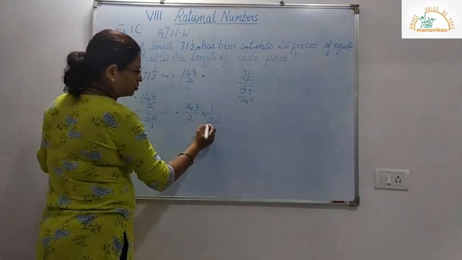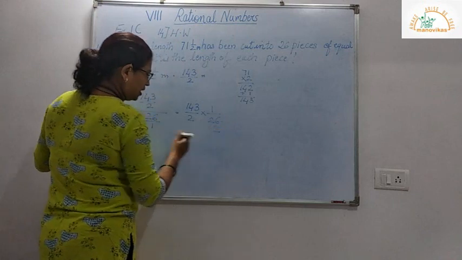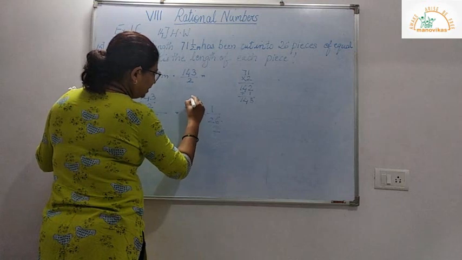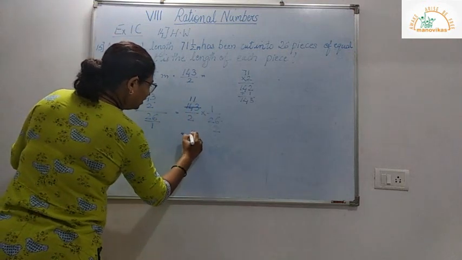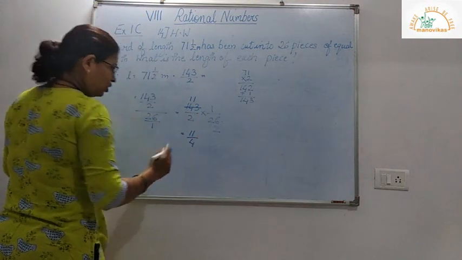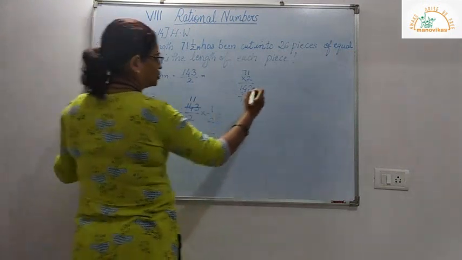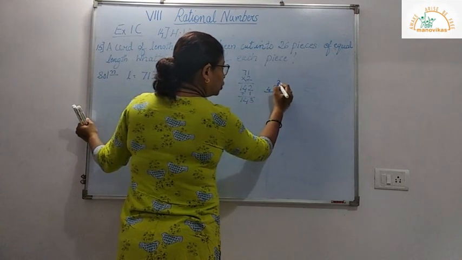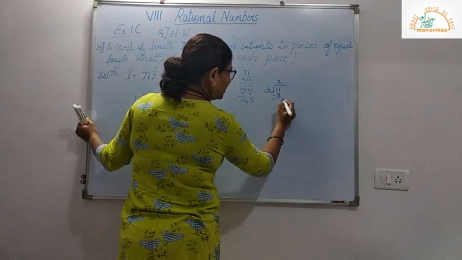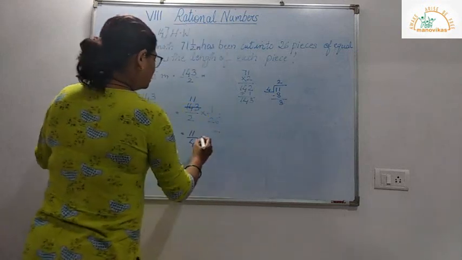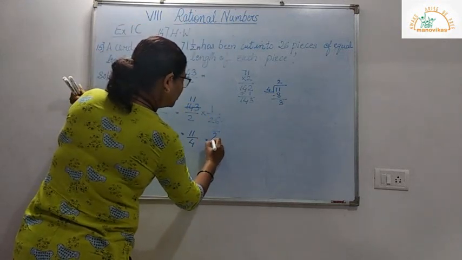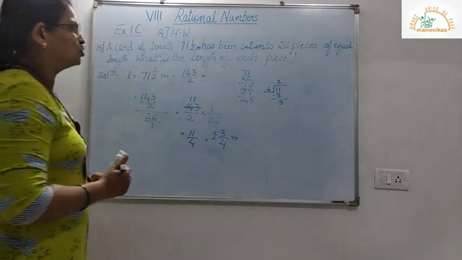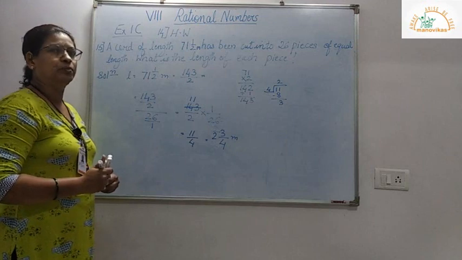Now I can cancel this over here. 13 2s are 26 and 13 11s are 143. So I get here 11 divided by 4. So let us express this in mixed fraction. 11 divided by 4. So 4 2s are 8 and my remainder here is 3. So I get it as 2 3 upon 4 meters. So each piece is 2 3 upon 4 meters.